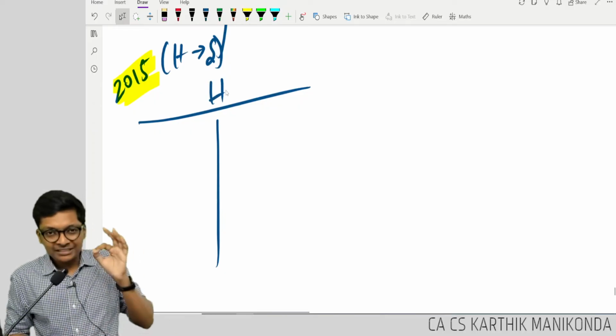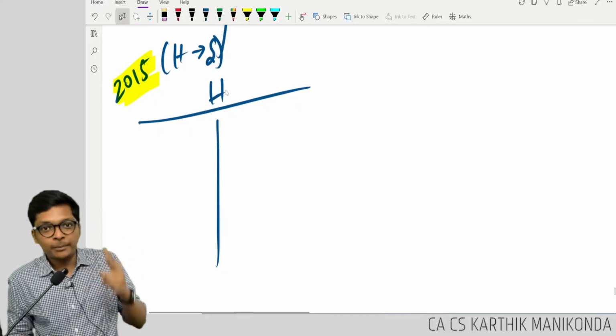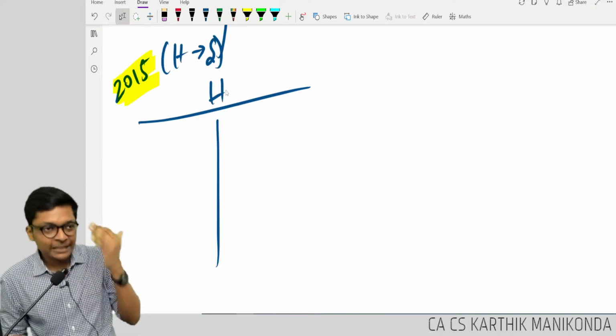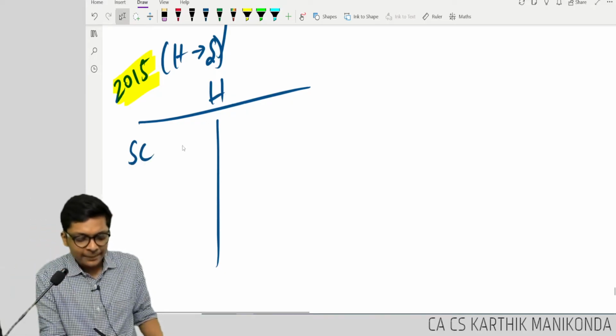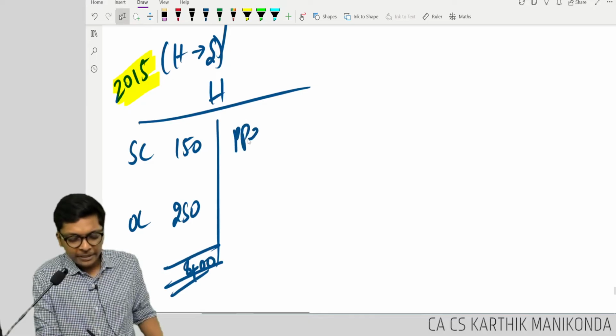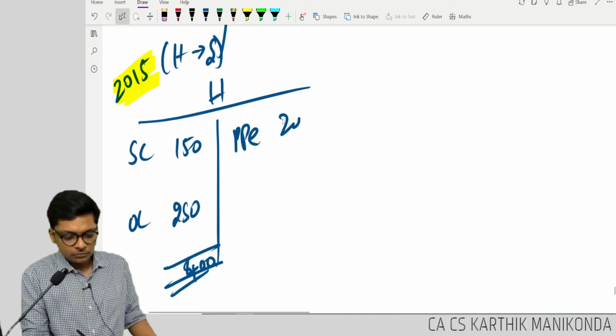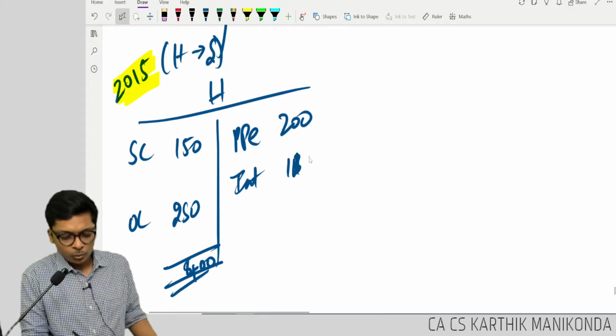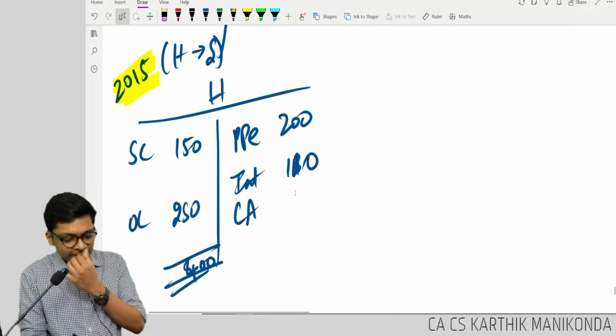Holding, I want the same numbers as example 2, same numbers guys. Share capital, other liabilities 250, total 400, PPE, investments 110, current assets.